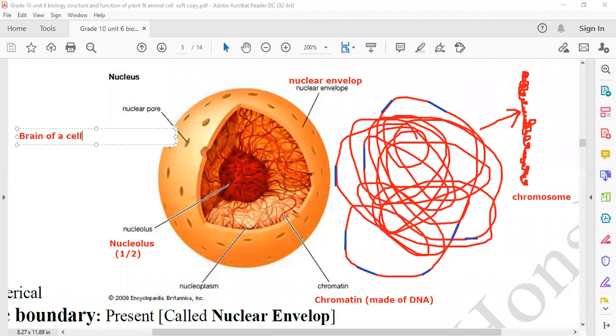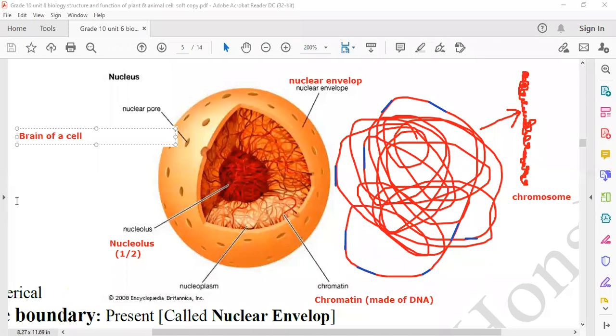But if the brain is dead, he is dead. Are you clear? Right. So the point here is, like the brain controls all the activities in our body, the nucleus controls all the changes going on within the cell.